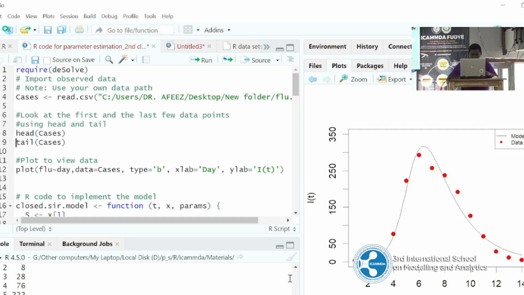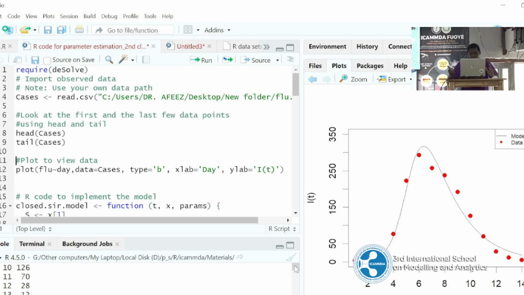With that, you will notice that you have on column 1, day, and column 2, what? What's on column 2? Flu, right? Okay. And then you can check the last 6 as well using tail. Are we together?